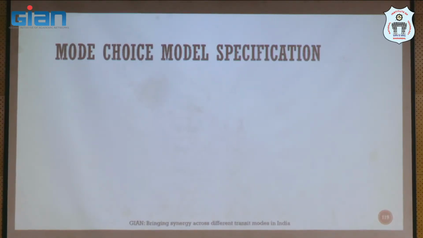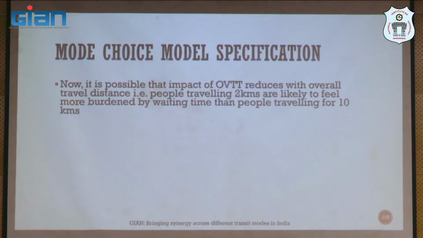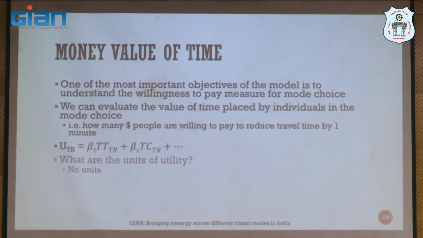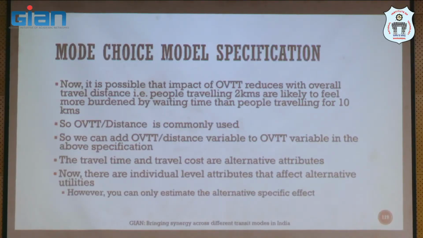Just like we had the effect of income moderating the effect of cost, we can do something like this. You can also try using OVTT as OVTT over distance. What that means is, if I'm going only 2 miles versus going 20 miles, my burden for OVTT is as bad with 5 minutes versus when I have a very short trip.